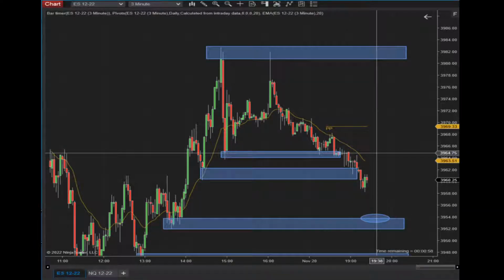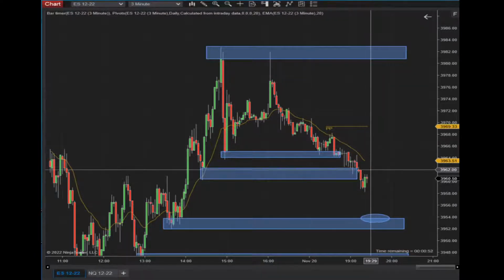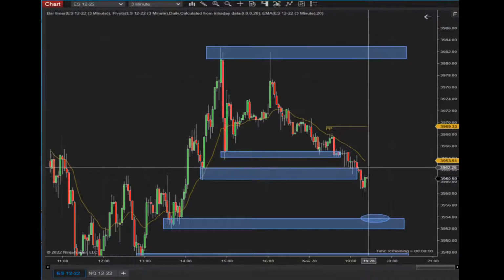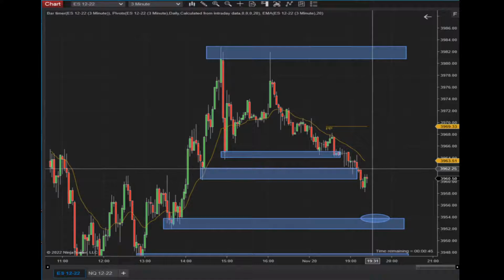So again, kind of hoping that it would trace a little bit back up so we can get in somewhere around this area, somewhere around 62, 62 quarter. When I say get in, I mean go short. There's 37 seconds left in this candle.